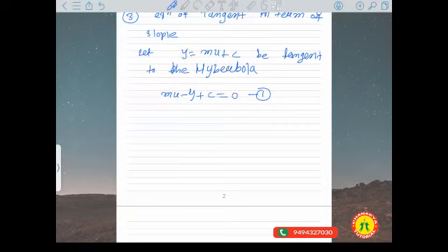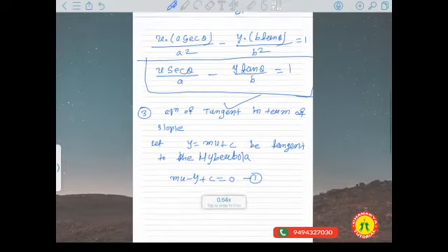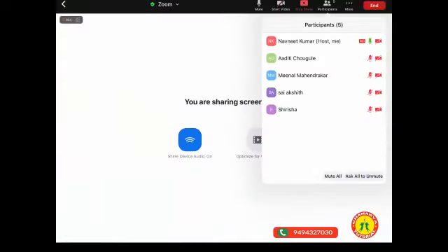How to find the c value? Just do that. Everyone try to find out the c value and say the equation, please. Everyone. Shrisha, can you do?